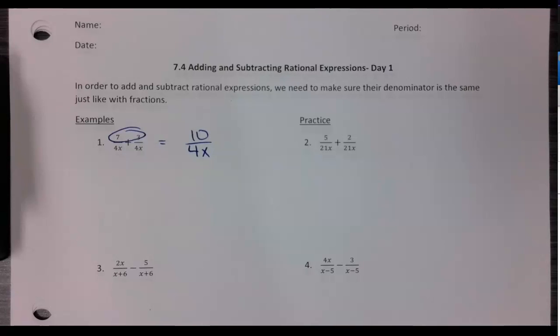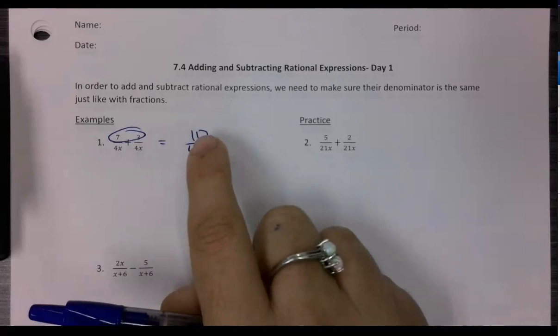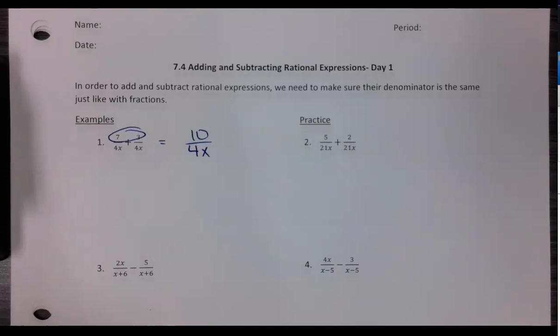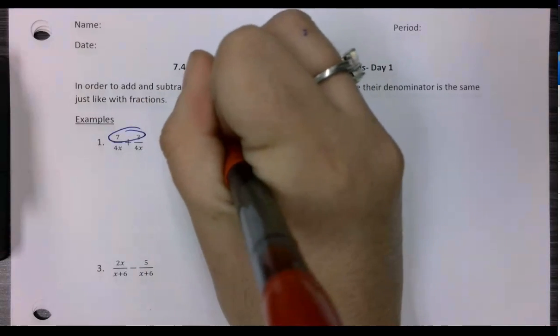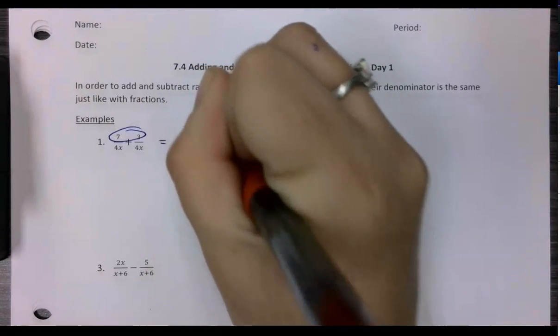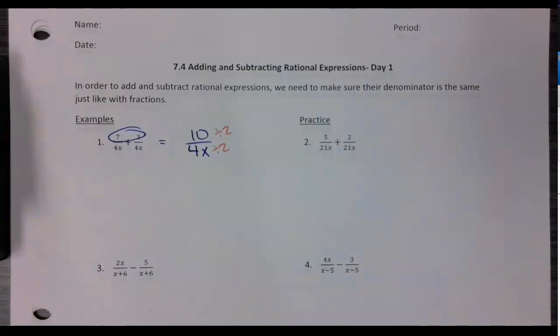So 10 and 4 are both even, so I can divide both of these by 2. If they weren't both even, I would see if a different number divided them.